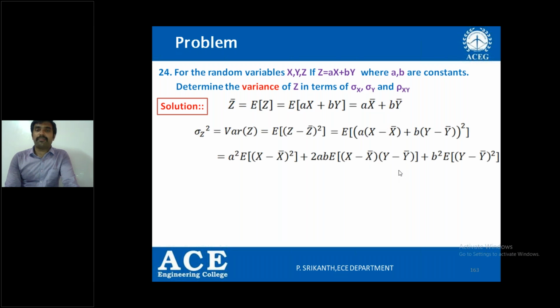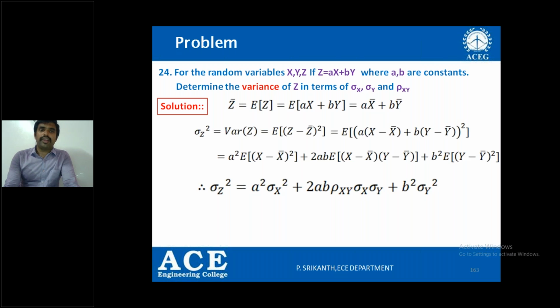Now, if I expand this by using the (a plus b) whole square formula, I'm going to get the expression like this: a square into expectation of (x minus x bar) whole square, plus 2ab into expectation of (x minus x bar) into (y minus y bar), plus b square into expectation of (y minus y bar) whole square, right? So now, E of (x minus x bar) whole square is sigma x square, E of (y minus y bar) whole square is sigma y square, and in between we have expectation of (x minus x bar) into (y minus y bar).